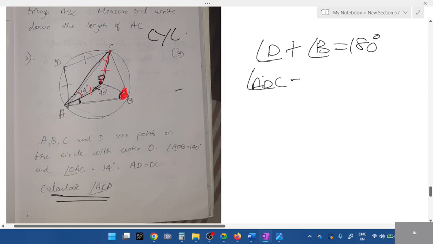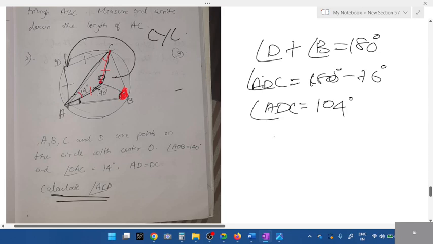Angle ADC is equal to 180 minus 76, right? We got 104. So we have entered into angle ADC, students. From the second triangle using the cyclic quadrilateral, we have entered into the first triangle.